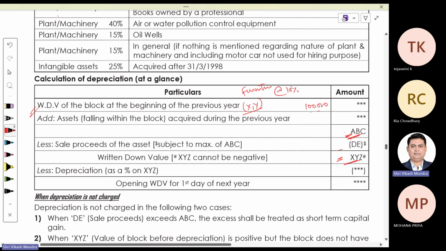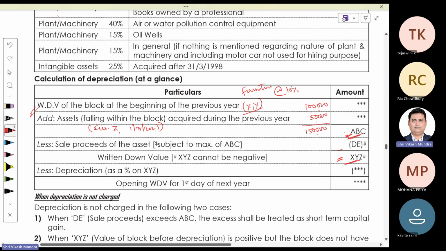During the year, I acquired an asset, furniture Z, on 1st July 2023, so my total is 1,50,000. Now I sold furniture X for, say, rupees 1 lakh.